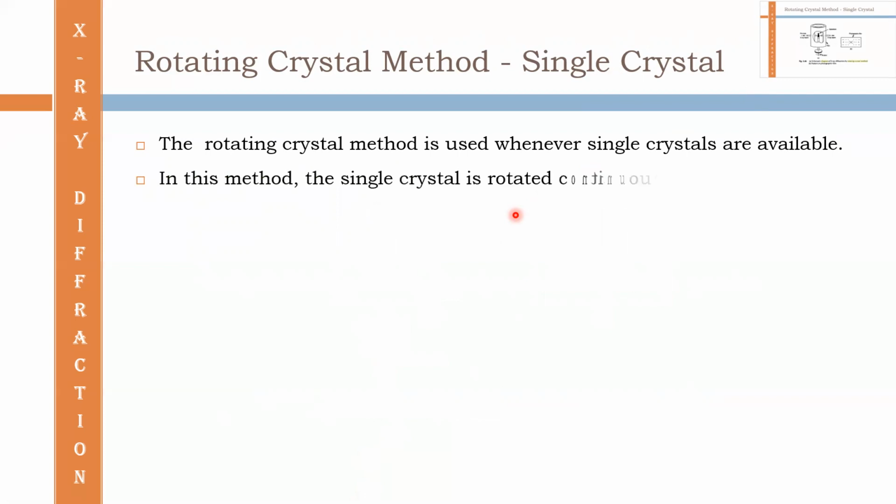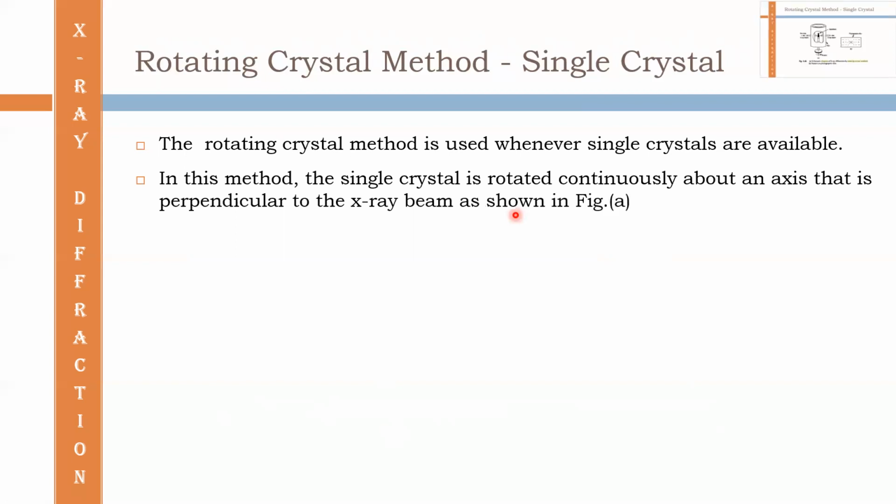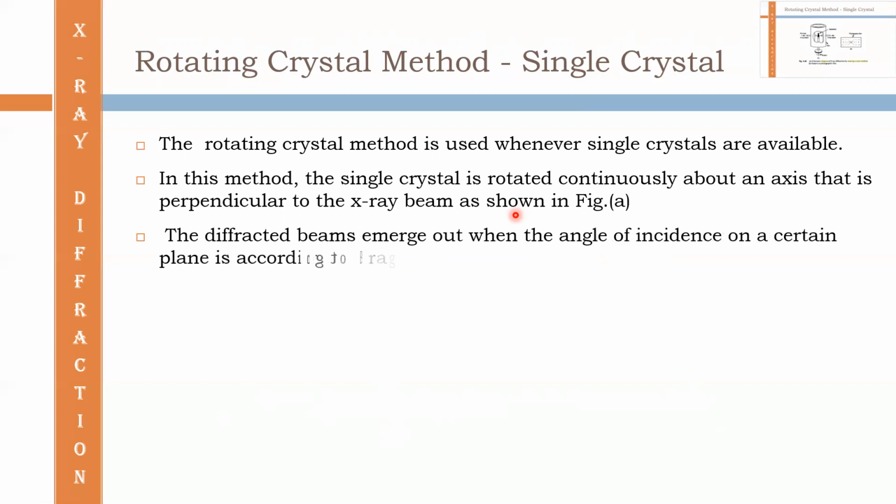In this method, a single crystal is rotated continuously about an axis that is perpendicular to the X-ray beam as shown in the figure. The diffracted beam emerges out when the angle of incidence on a certain plane satisfies Bragg's equation for the monochromatic X-ray radiation.